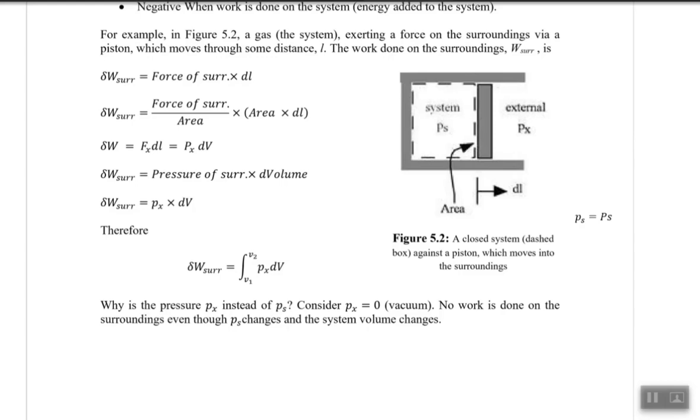The second condition is when the system is moving slowly. Let's say you have seen a syringe. If you pull this piston too quickly, there would be resistive forces pulling on the opposite side.